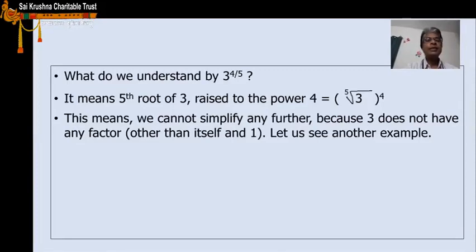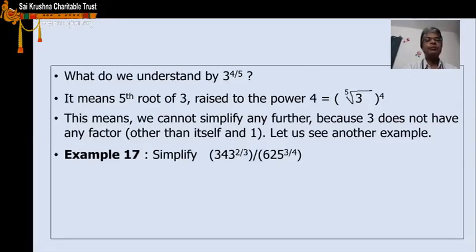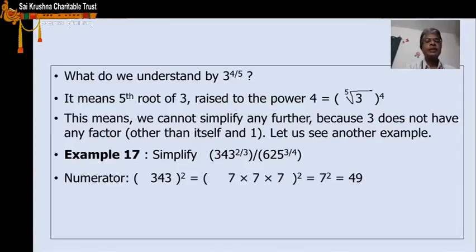But let us see an example where we can do further simplification. Example 17: simplify 343 to the power 2/3 divided by 625 to the power 3/4. Let us do it one by one. Whenever there is a complicated problem like this, do the numerator and the denominator separately, and then divide the numerator by the denominator.